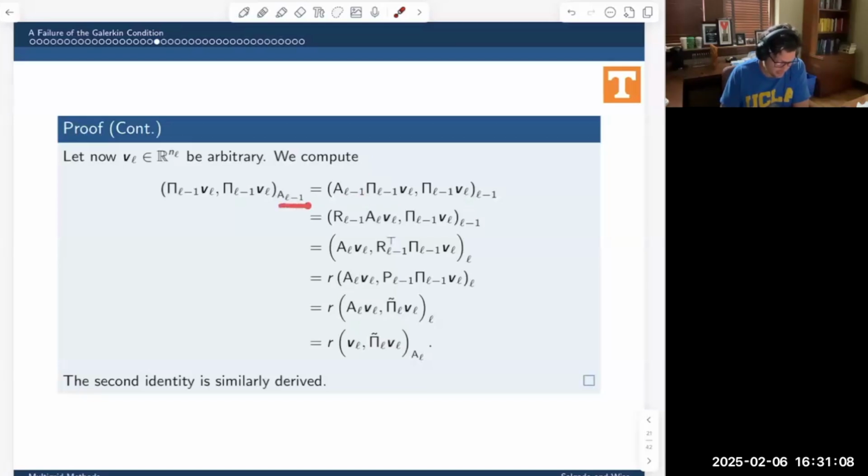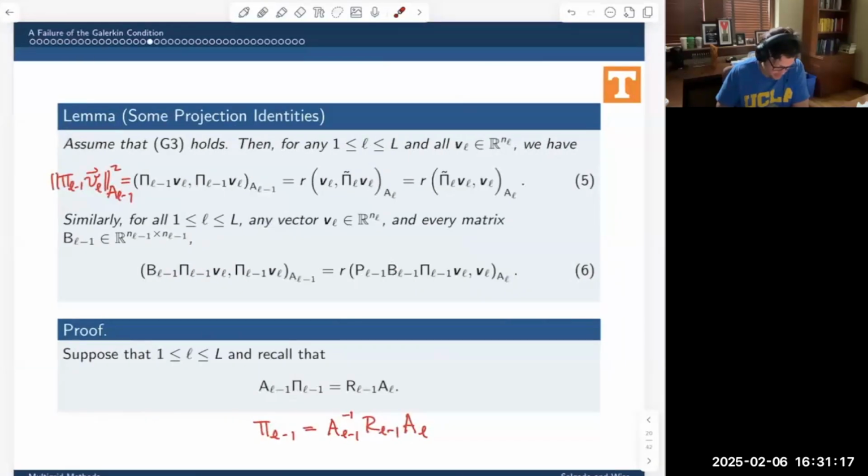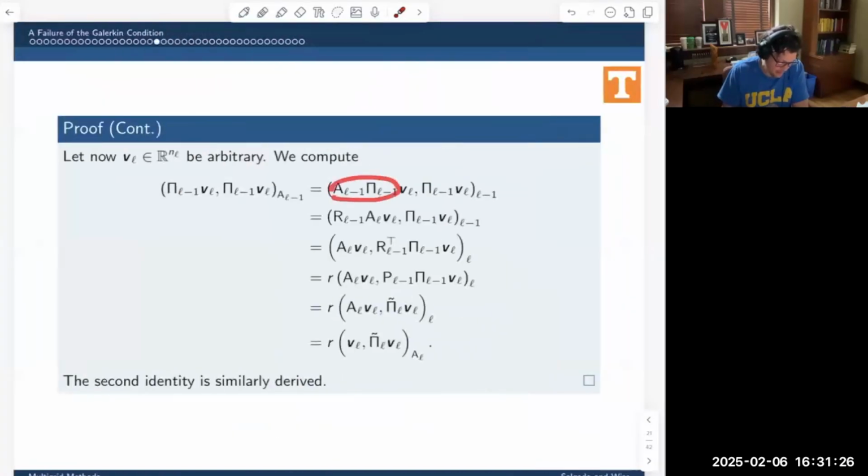So we're just moving it in and attaching it there. Now, by the definition of this and this little identity here, we can replace any instance of that with that. This I replaced with R_{l-1} times A_l. Okay, so far so good. This all stays the same otherwise, and we don't need to do any other changes.